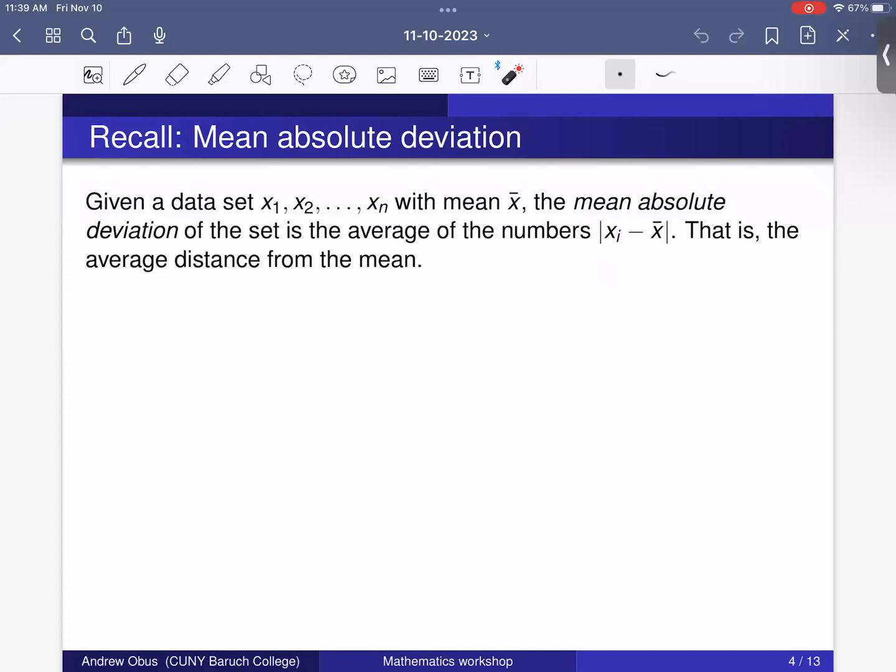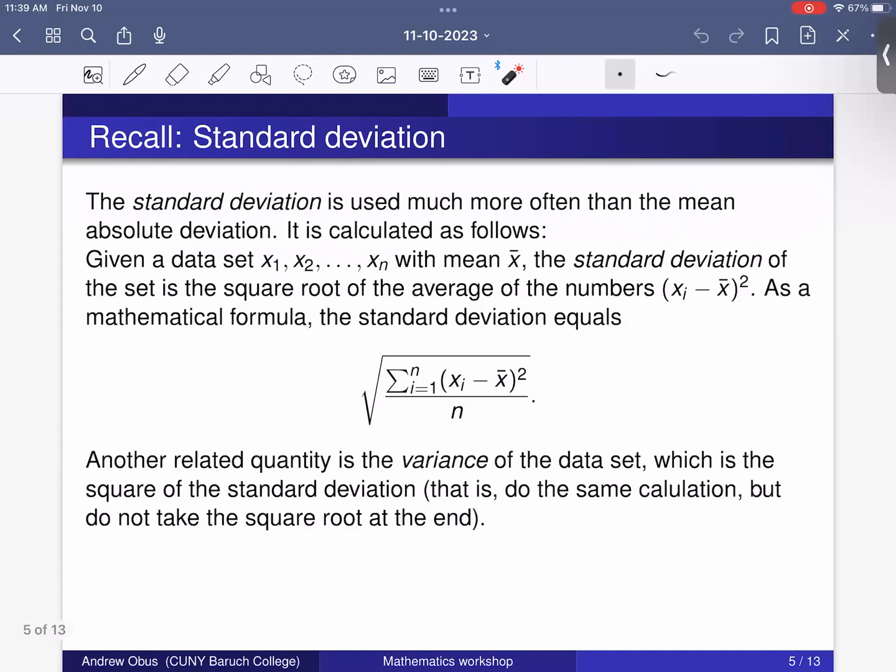Then recall also the standard deviation, which is a little more complicated but is also used a lot more. Our setup is still the same: we have x1, x2 up through xn, so n data entries, and the mean is also x bar.